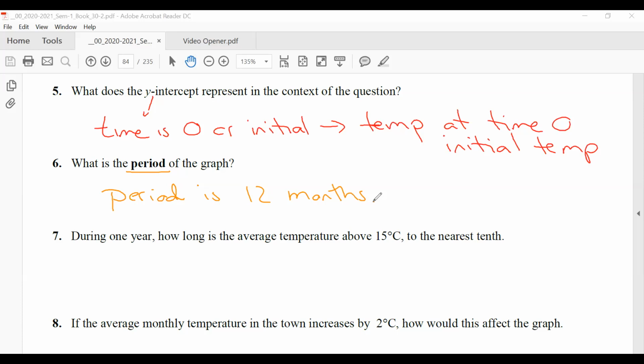So what we're going to use here is a formula. On your formula sheet is this, 2 pi over b. Well, what's b? So I go back up to the equation that I had, and when we look at the equation of this thing, our b value was 0.5.